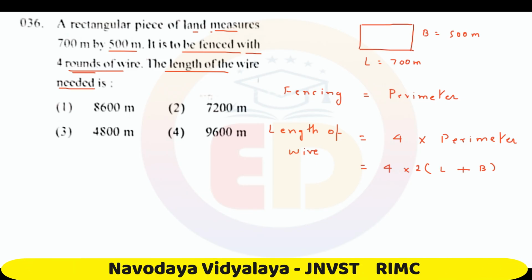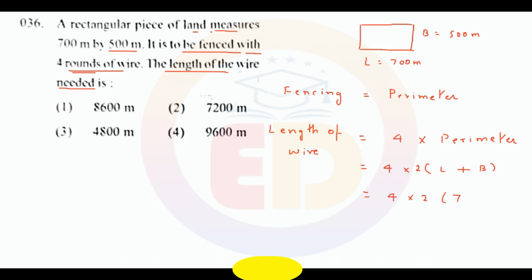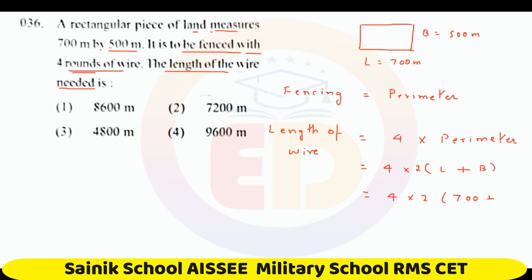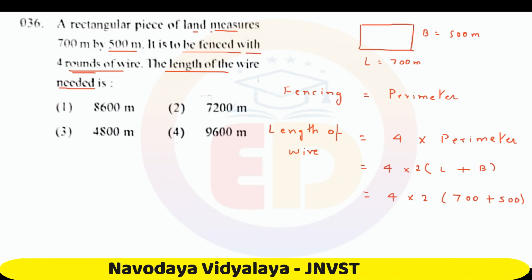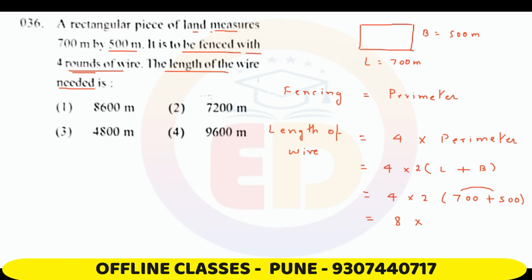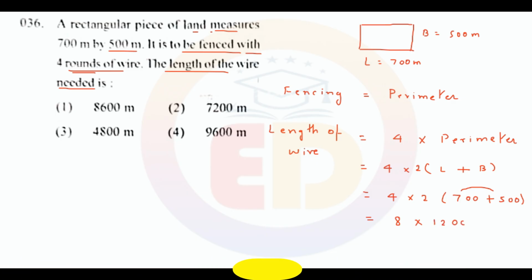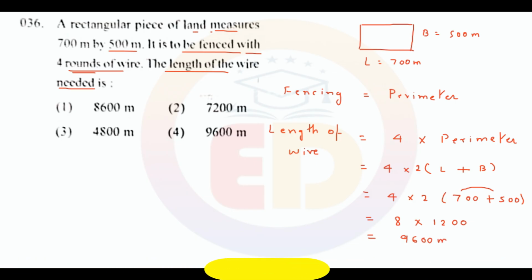Length plus breadth here will be 700 and 500. So it will be 4 multiplied by 2 bracket 700 plus 500. Now here 700 plus 500 will be 1200. 4 into 2 is 8. So 8 multiplied by 1200, answer is 9600 meters. Answer is option number 4.